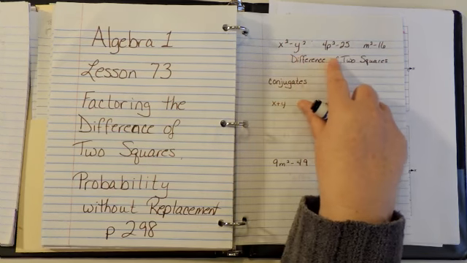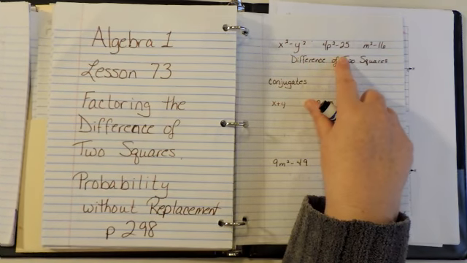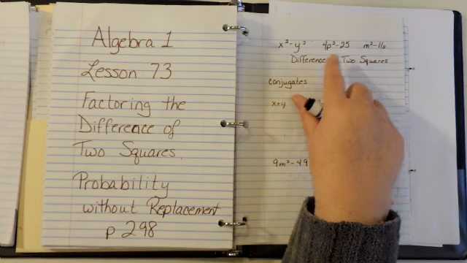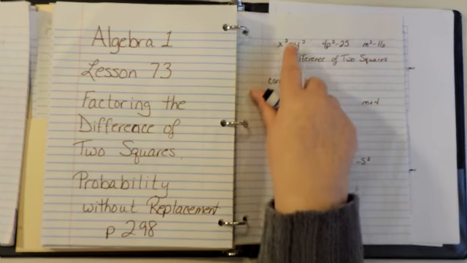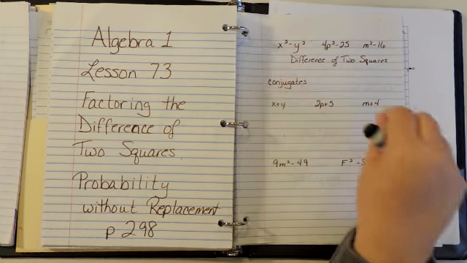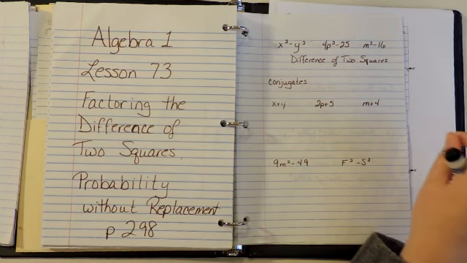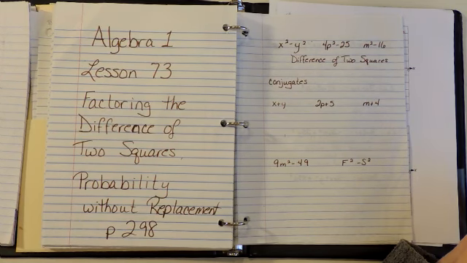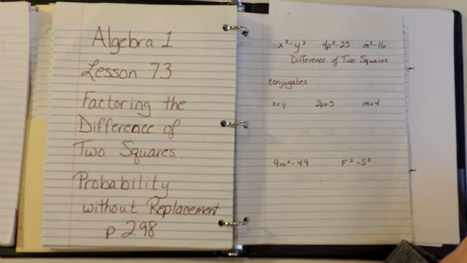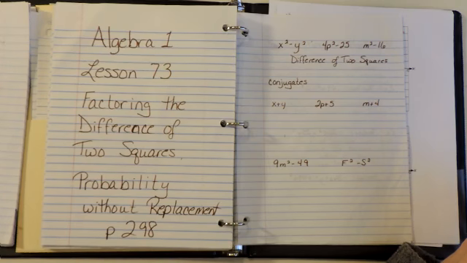Since each of the terms in these binomials is a perfect square, these binomials are called the difference of two squares, because we're subtracting. We can generate differences of two squares by multiplying the sum and difference of two monomials.